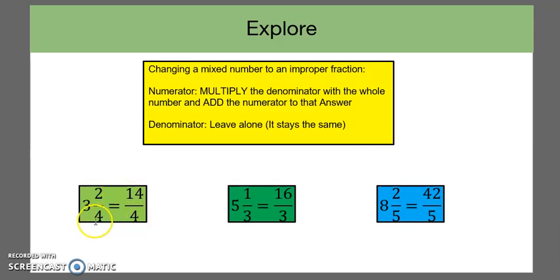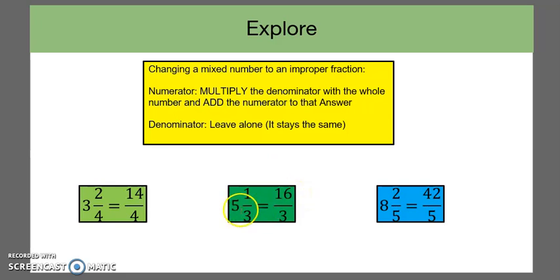And then the denominators stay the same. We're not going to change it. Here it reiterates this. We're going to leave our denominators alone. So we want students to practice multiplying the denominator with the whole number and then adding the numerator to get the numerator of the improper fraction.